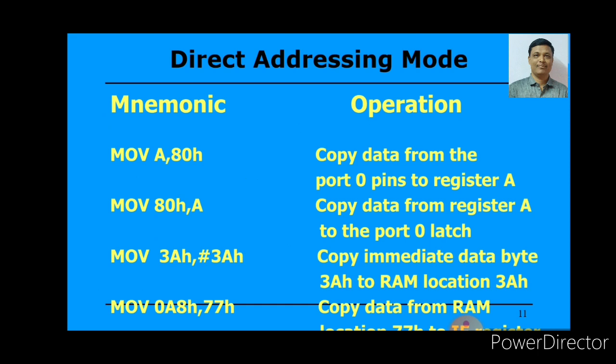The next, MOV 3AH, #3AH: here #3AH is the data and the other 3AH is the address, that is, the data 3A will be transferred directly to memory location 3AH. The next example, MOV 0A8H, 77H: here the contents of memory location 77 will be transferred to the address A8H.